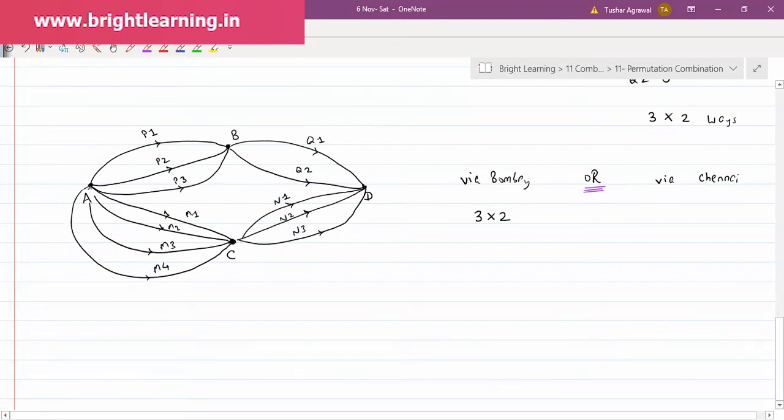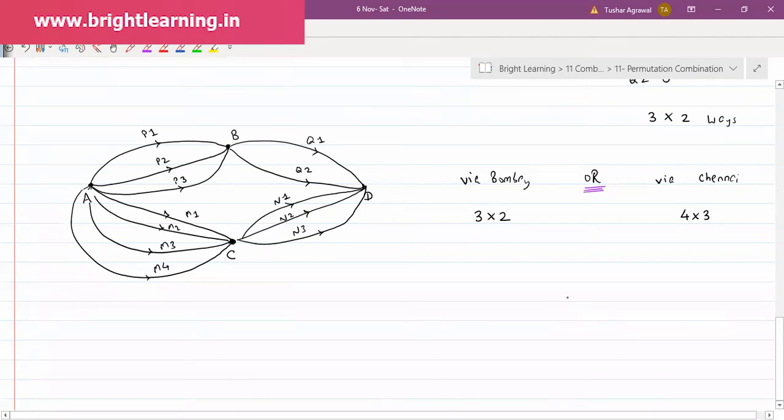For one M, there are 3 Ns. So there are 4 Ms. For 4 Ms, how many Ns? Via Chennai, there are 4 multiplied by 3 routes.